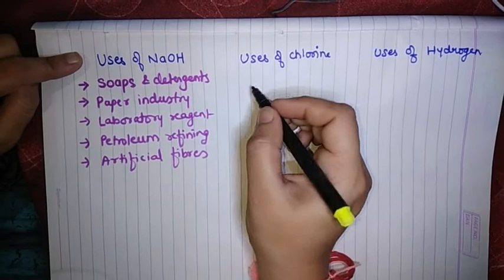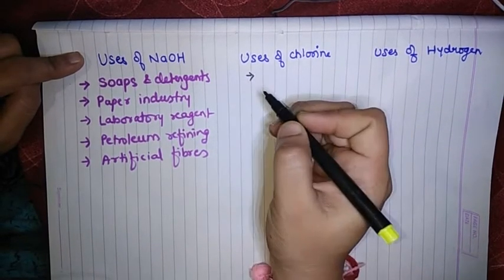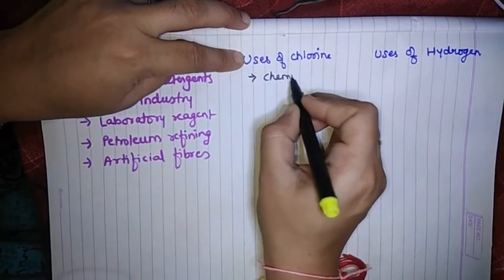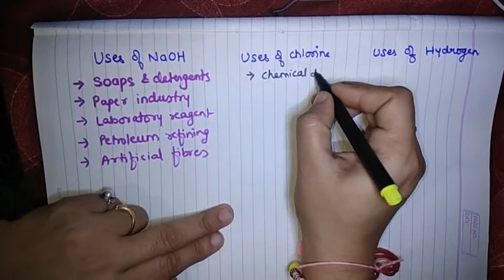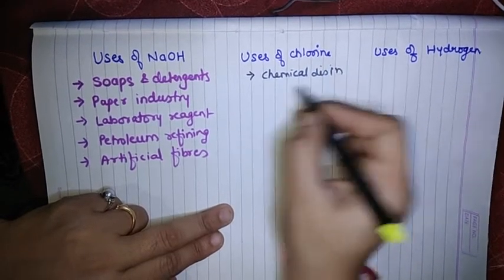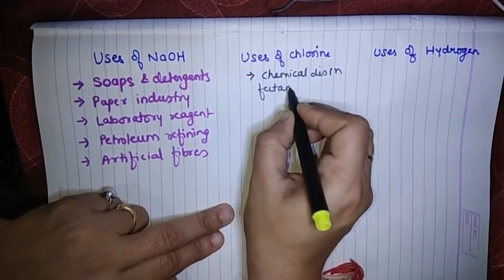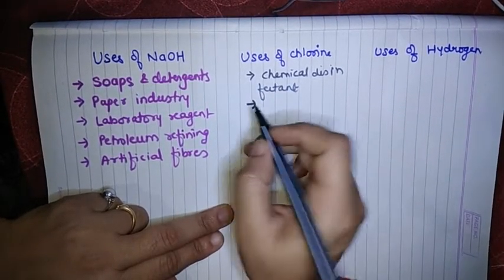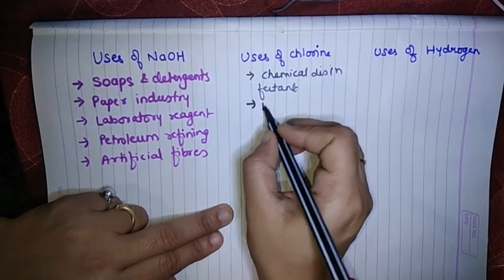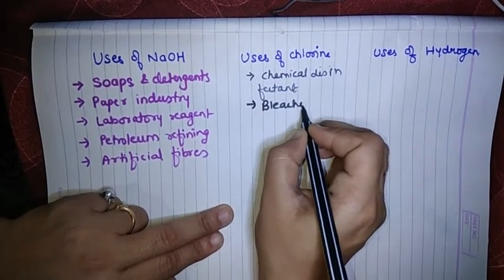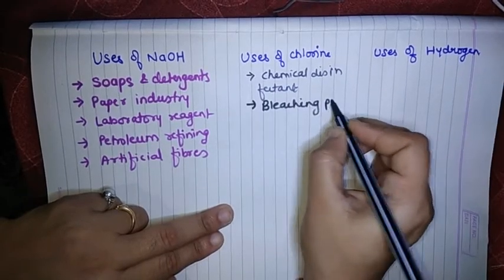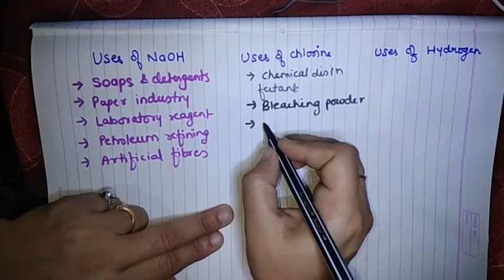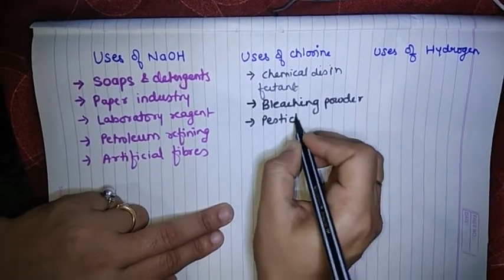Let's talk about the uses of chlorine. Chlorine is generally used as a chemical disinfectant. Also, in manufacturing of many chemicals, for example, bleaching powder. It is also widely used as an ingredient in making pesticides. It has a good application.